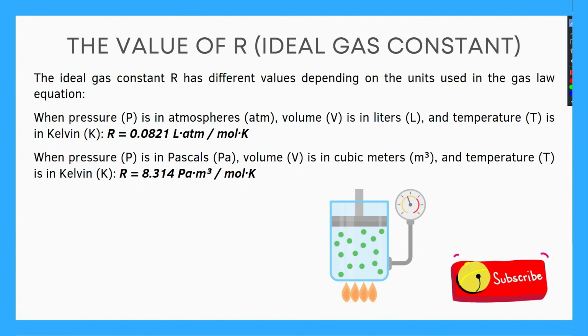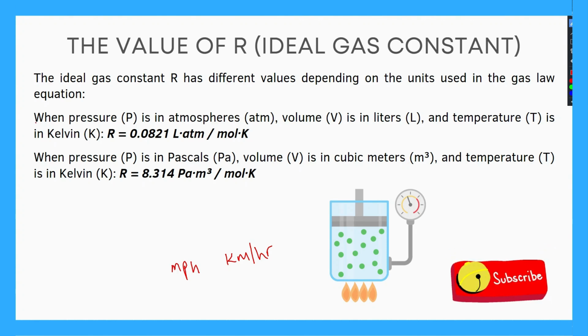Just like, for example, in today's world, we have different types of cars. There are cars whose speedometers measure their speed in miles per hour, mph. Other ones have their speed measured in kilometers per hour, right? In this case, the value of the ideal gas constant is dependent on the units that we use for pressure.